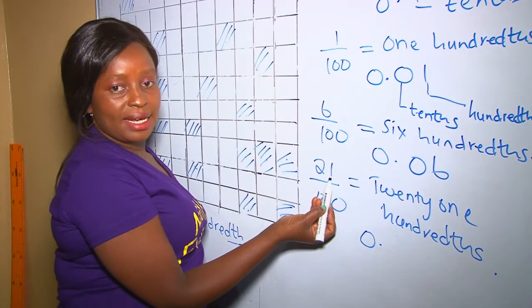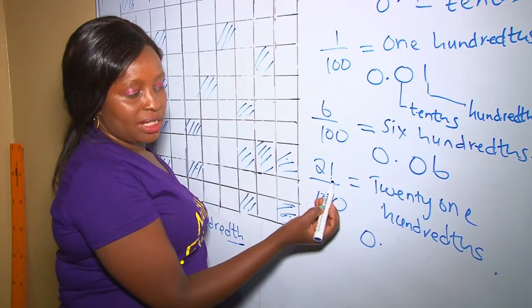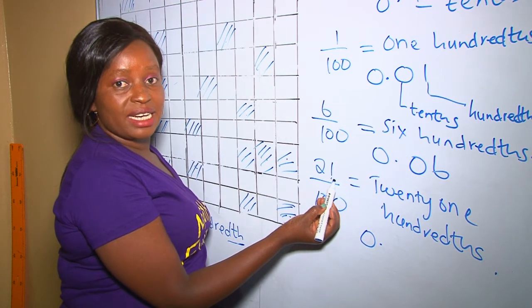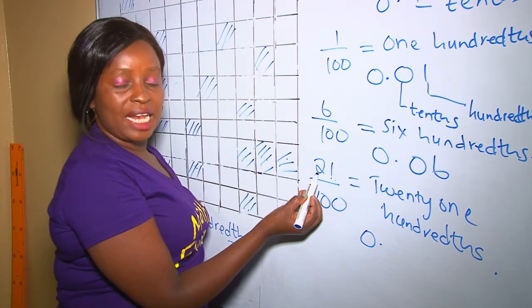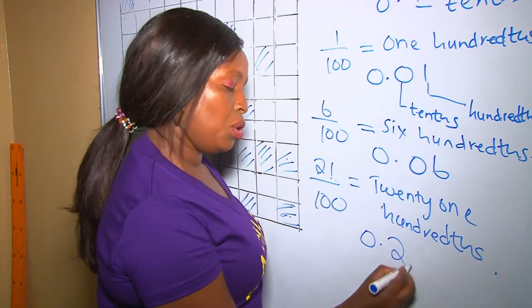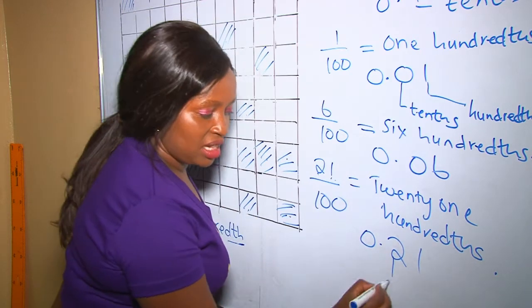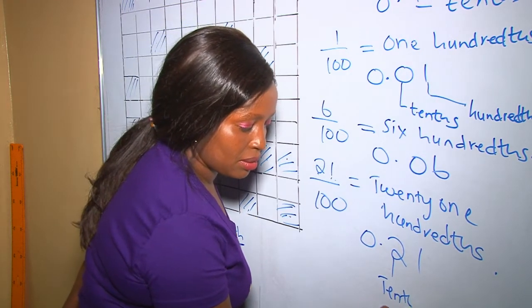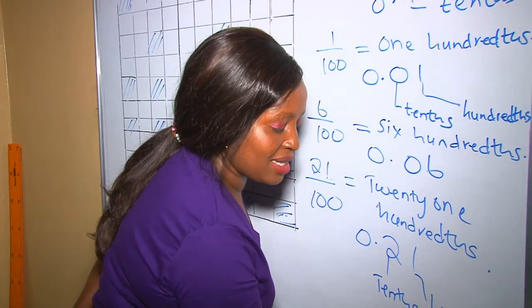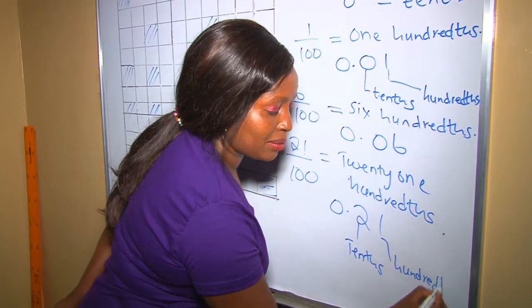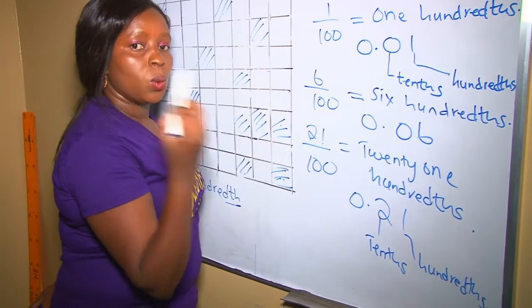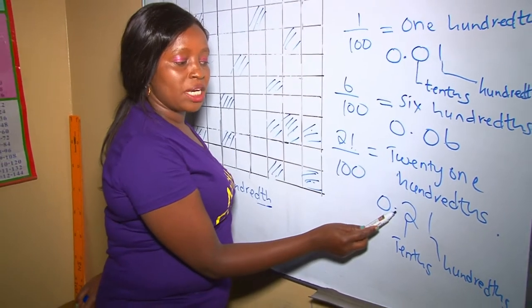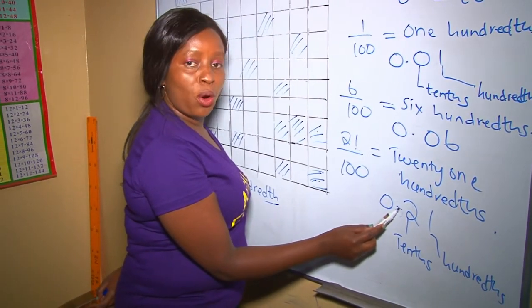Now this one here takes the place value of hundredths and this one of tenths. Therefore, it's going to be 2, 1. This is the tenths and this is the hundredths. Remember, we start counting the place value immediately after the decimal point.